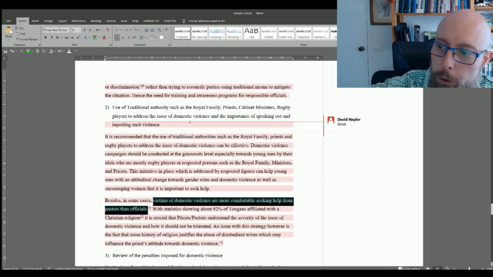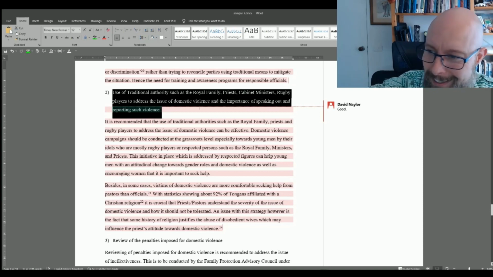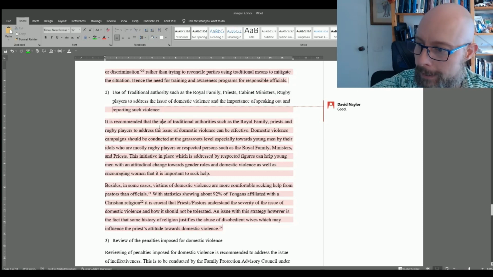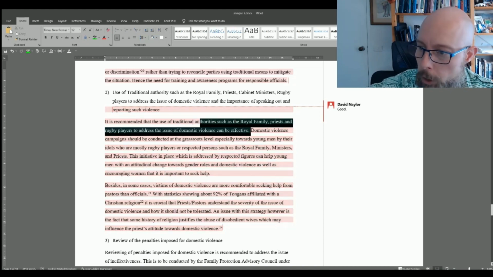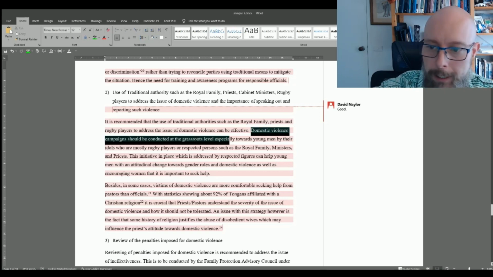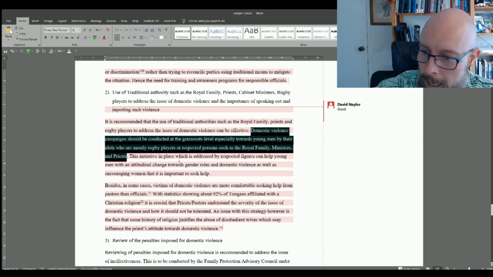A way the student could have built this up a bit better might have been to talk about how it's recommended that these things be done. Let me talk about that a little bit specifically. For example, domestic violence campaigns at a grassroots level can target these people.